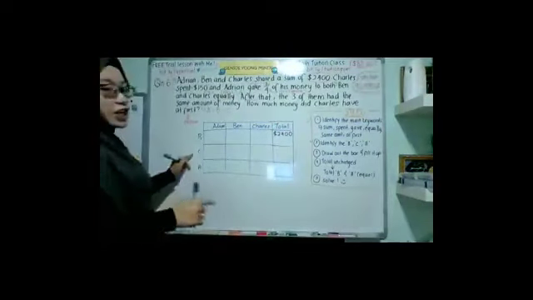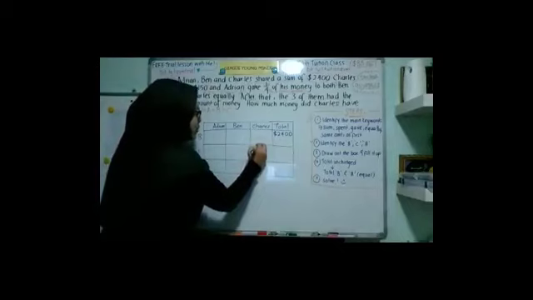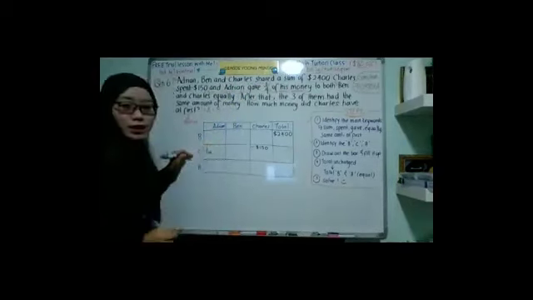Then we have a change. You have to pay very close attention to the change, because there are 2 changes here. Charles spent $150, so change for Charles is minus $150. Then Adrian gave 1 unit, so change for Adrian is minus 1 unit.